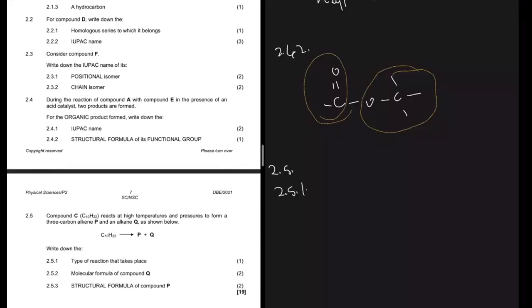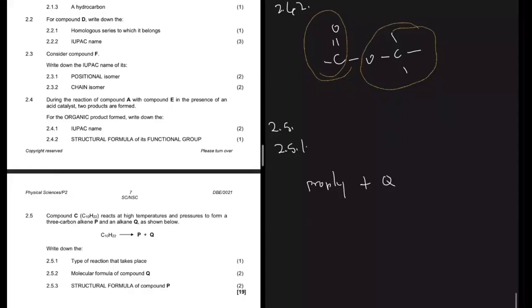2.5.1 compound C, 10 carbons, 22 hydrogens, reacts at high temperatures and pressure to form a 3-carbon alkene. 3-carbon alkene, so that's propene. It has formed propene and then some alkene Q. And then the first question says, write down the type of reaction that takes place.